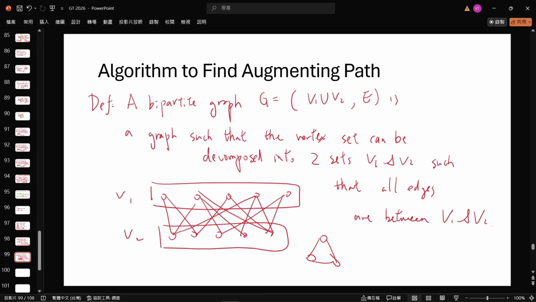It's a cycle, and so I can divide it like this. This vertex is in V1 and these two are in V2. Immediately you see that this is not a bipartite graph because there's an edge between two vertices in V2.